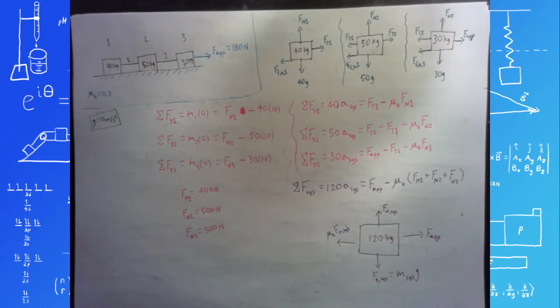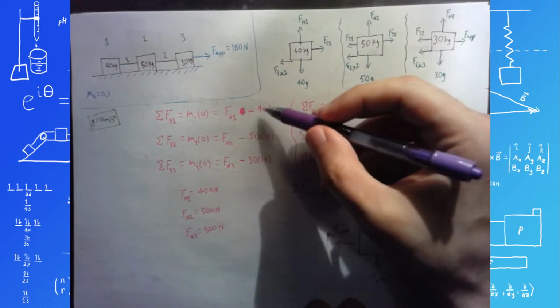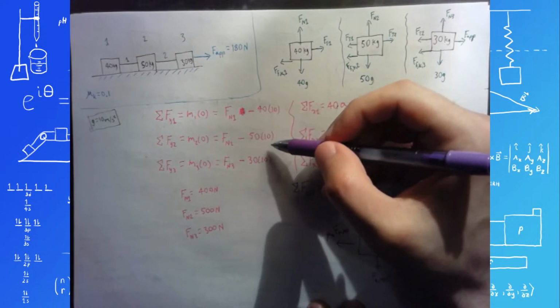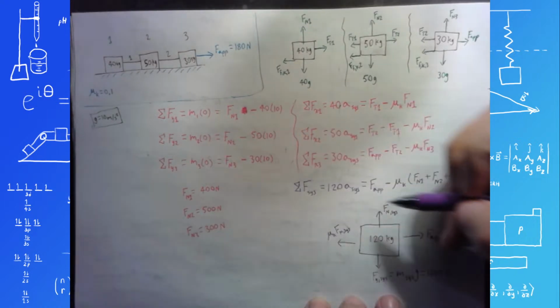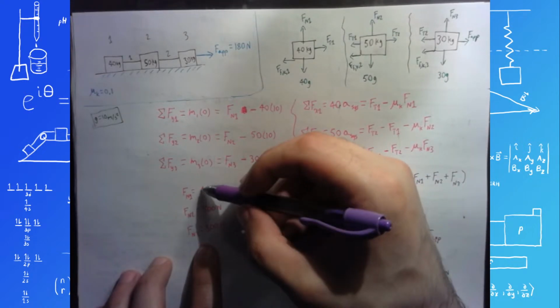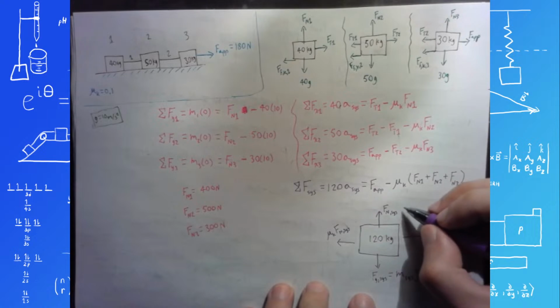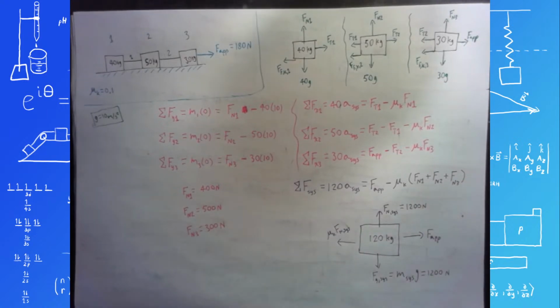And does that make sense? Well, yeah, 40 times 10 and 50 times 10 and 30 times 10 would be 120 times 10, so that would be 1200 newtons, and then the normal forces 1, 2, and 3 add up to 400 plus 500 plus 300. Yeah, that's also 1200. So yeah, it checks out.